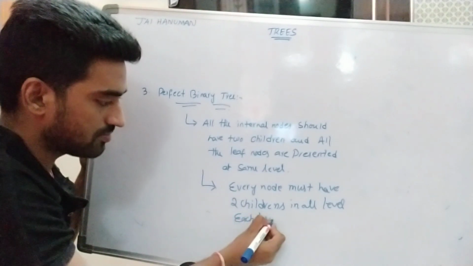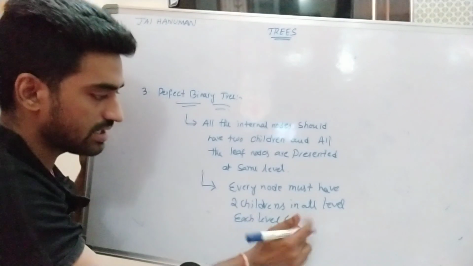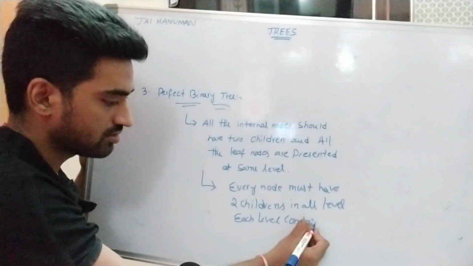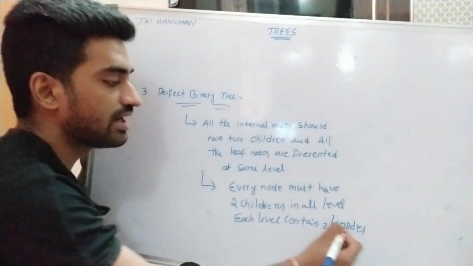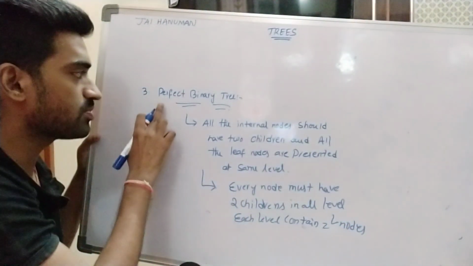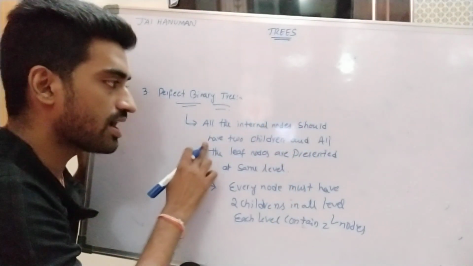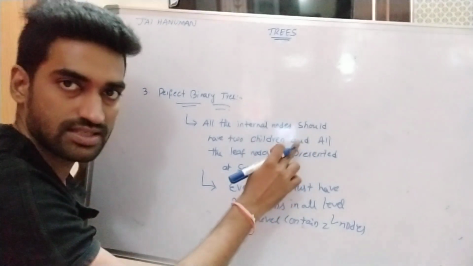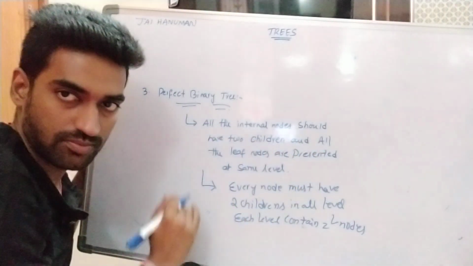Each level contains 2 power L nodes, where L is nothing but the level of a node, right? So these are the two definitions. What is a perfect binary tree? All the internal nodes should have 2 children and all the leaf nodes are presented at the same level, right?